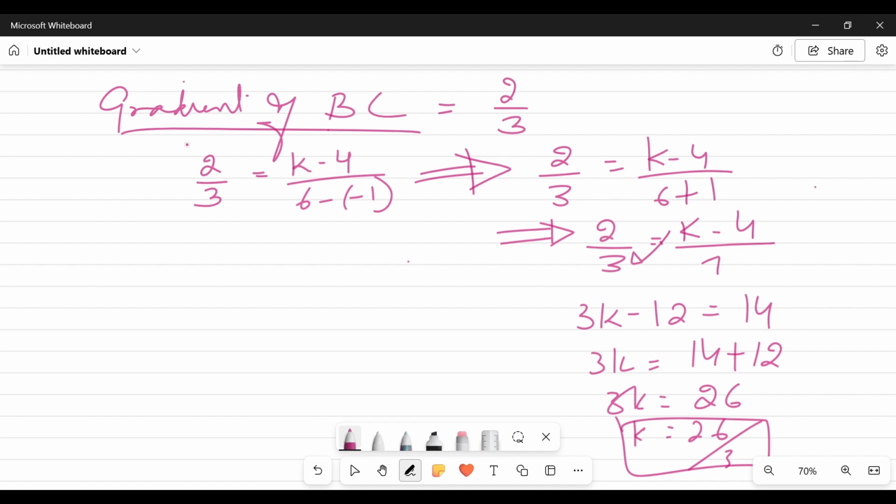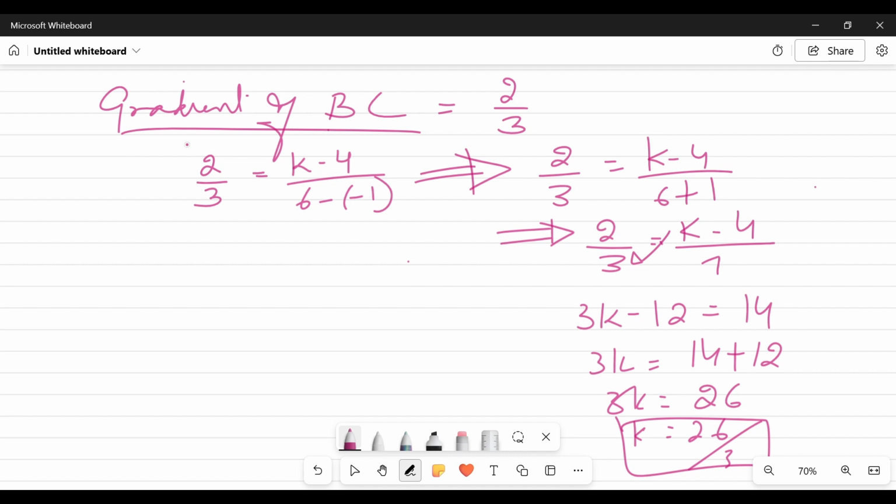In step 1, we find the gradient of AB, and then the gradient of BC. Since it's perpendicular, if the gradient of AB is 2, then the gradient of BC has the sign changed, plus turned into minus, and 2 turned into half. Then we find the value of k. So the reversed gradient of BC is negative half, equal to the formula using B and C. Substitute the values into the formula y2 minus y1 over x2 minus x1 and find the k value.